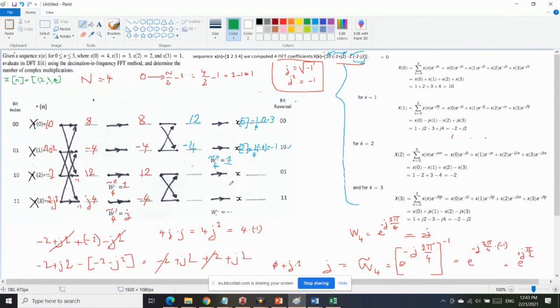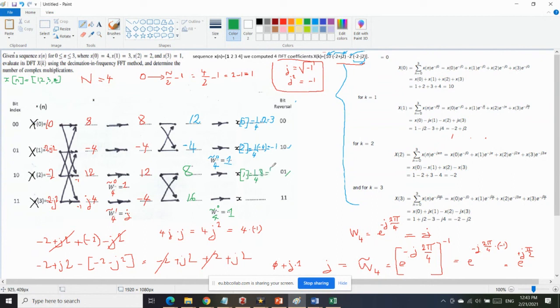Next we're going to do the lower half. So that would be 12 minus 4. 12 plus that. So it is 8. وهنا 12 minus 4. So that would be 16. Then this will be, since the index is 1, so this is x1. 1 over 4 times 8.